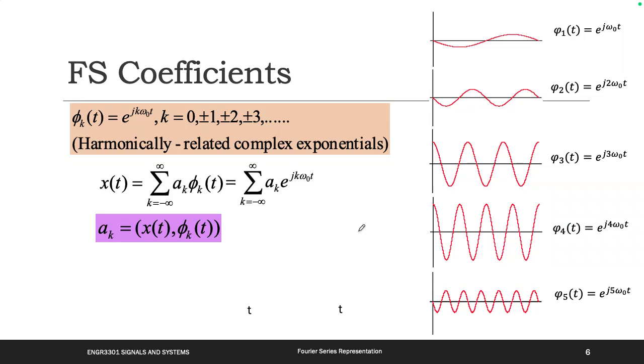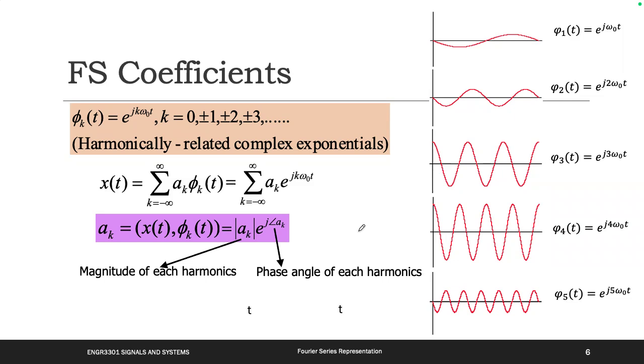Actually, you can represent any complex number. This is the magnitude, and this is the angle. This is the definition for the complex number. Have you ever learned complex numbers before? You should know that. So that's the reason why we can write this equation here. This is the magnitude, and this is the phase shift, the phase angle. This is the magnitude of each harmonic, and this is the phase shift of each harmonic.